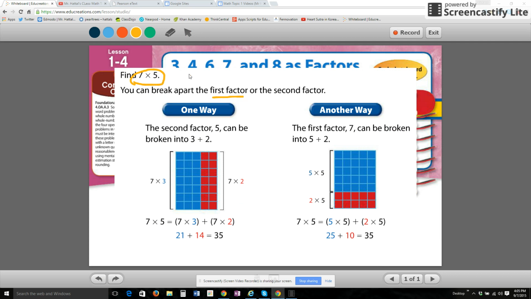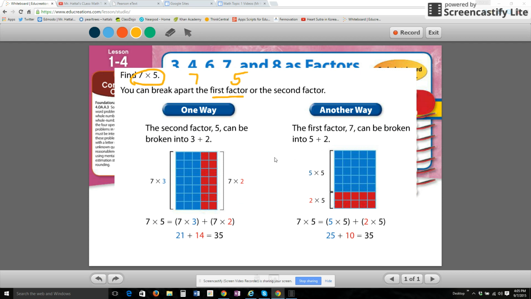The first factor is 7, and the second factor is 5. So you can break these apart, you can break these down. If you want to break apart the second factor, it could be broken apart into 3 plus 2, or the first factor 7 can be 5 plus 2.